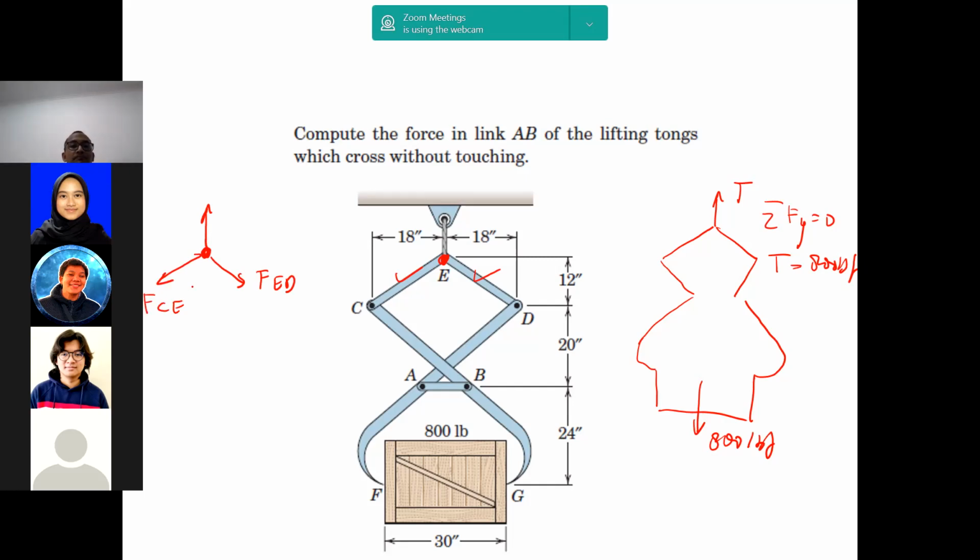Tension here is equal to 800 lbf. Because it's an equilibrium at the point, we only have two equations: sigma Fx equal to 0 and sigma Fy equal to 0. Can we solve for this? Yes, we can solve for FED and FCE, correct?